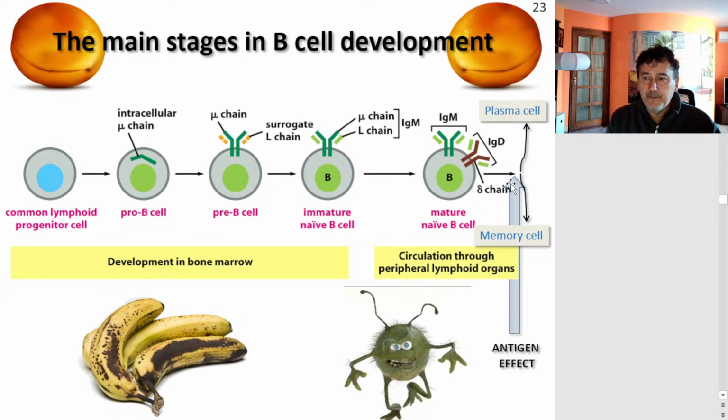After binding to antigens, clonal selection, selective proliferation occurs on the one hand, and on the other hand there will be a differentiation into plasma cells and memory cells, and then the plasma cells will produce the antibodies.